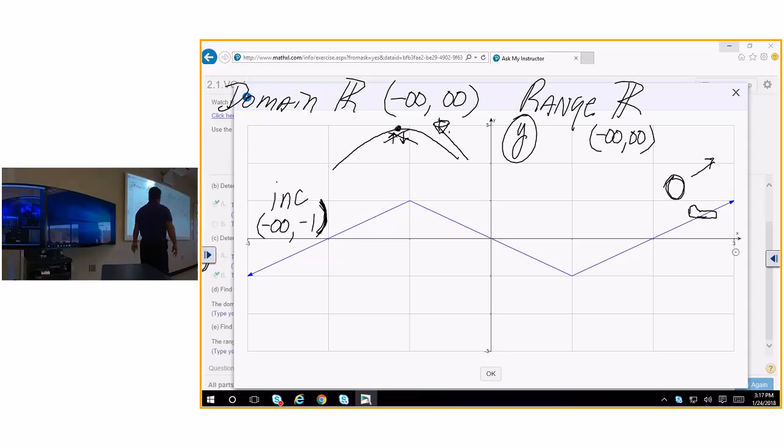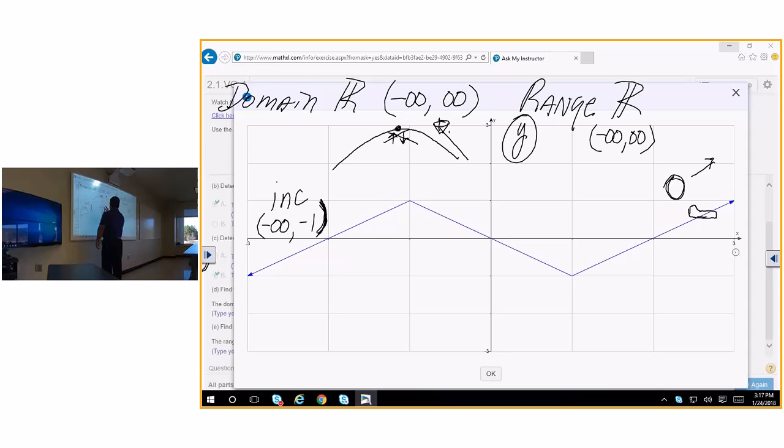Okay, that's why. Now, where is it decreasing? It's decreasing from -1 to +1. That's decreasing. And then increasing from 1 to infinity. So the question that's most asked here is, why don't we have brackets on the 1s?